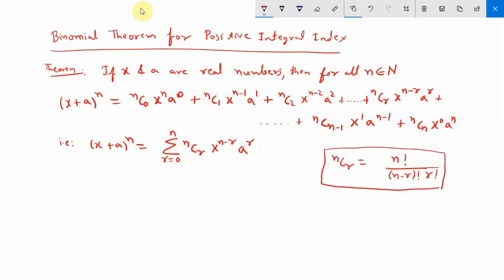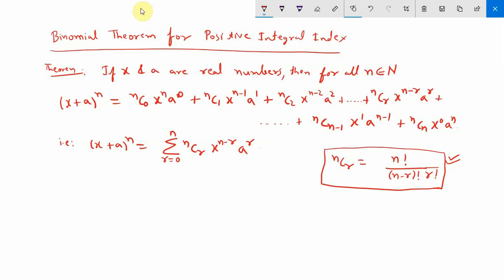I suggest all of you go through my lectures on permutations and combinations to understand this formula. Okay, friends? I will put the links in the description box. Please go through the chapter permutations and combinations, then you will easily understand this and this chapter will become easier for you.